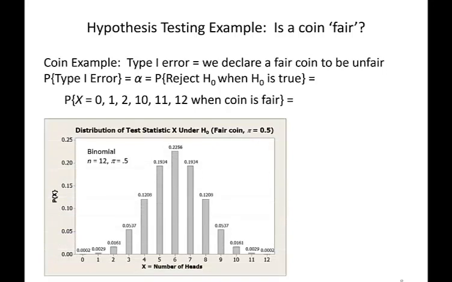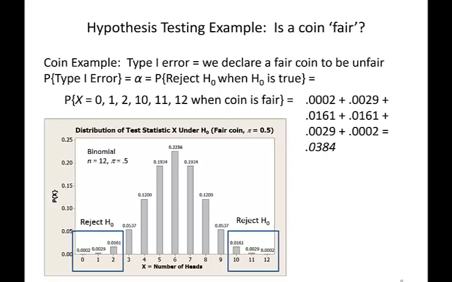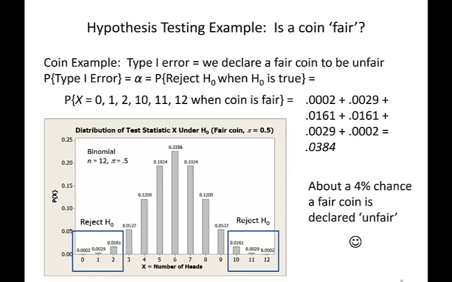And if we look at the plot, we can see that that happens only in these tail areas. And if we add up all those values, we see that the probability of making a type 1 error in this situation is about 4%, or 3.84%. And that's not a very high probability, so we're going to be okay with that.